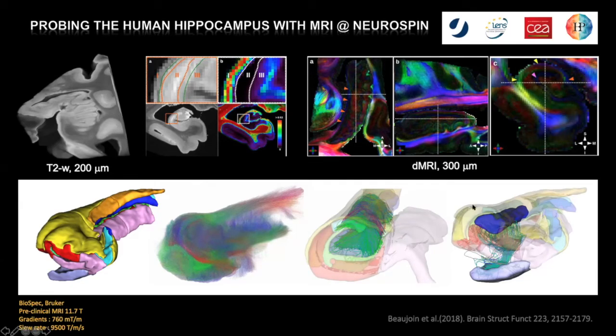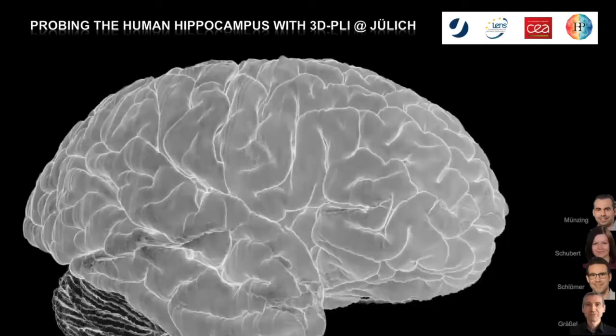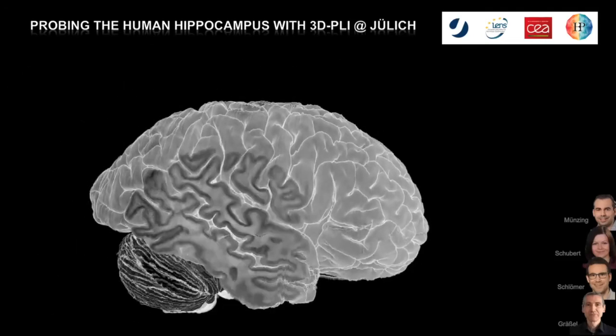So this has been reported already in 2018. Then we received the tissue back, did the sectioning, did something like 600 section measurements with PLI, and it took us a while to 3D reconstruct.